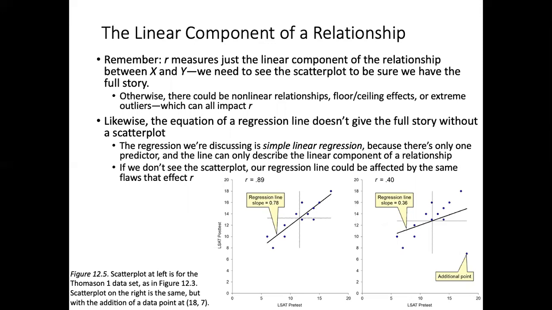Restriction of range would also be another thing to think about when deciding whether running a regression is appropriate. So I'm just trying to call your attention to those same things that we think about when we look at correlations.